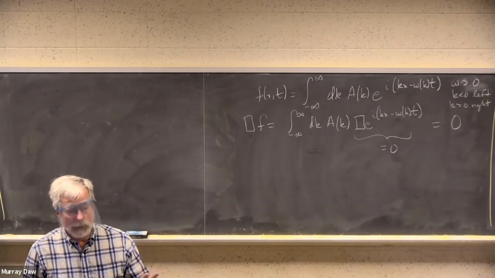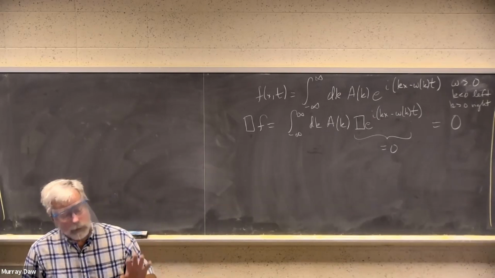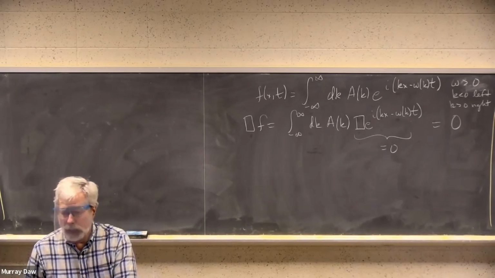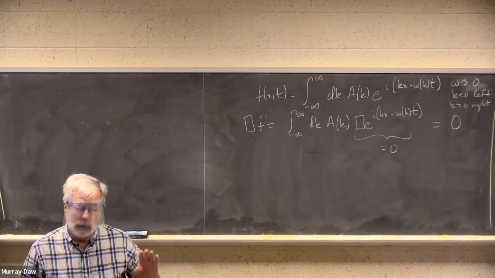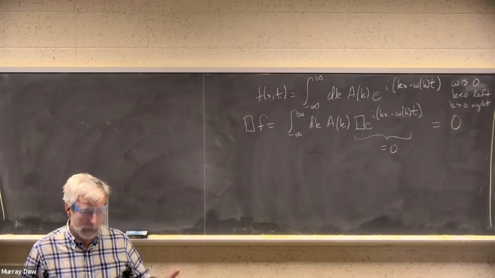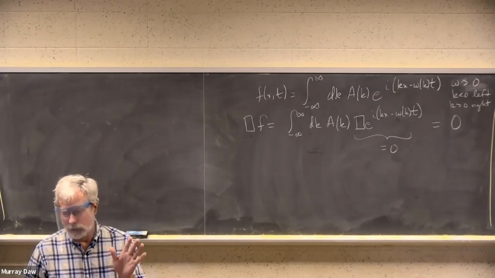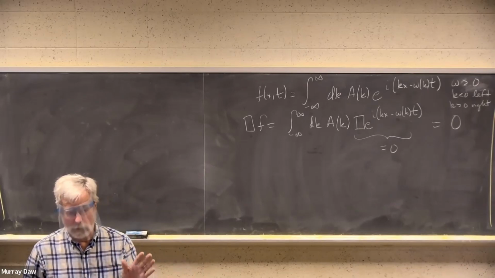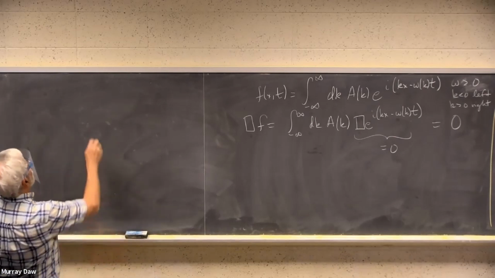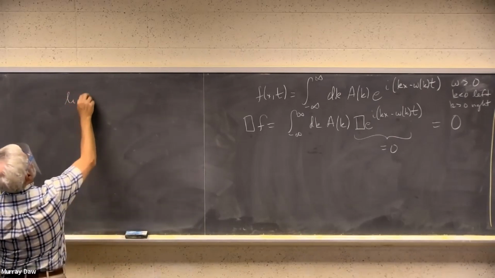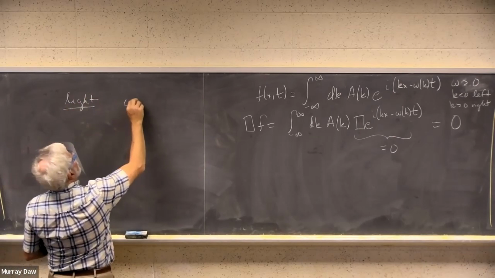We're going to finally start dealing with this. We're going to be developing the Schrodinger wave equation, which is sort of like the wave equation you've been studying, except it has a different dispersion relation. So remember, light has this particular dispersion relation.